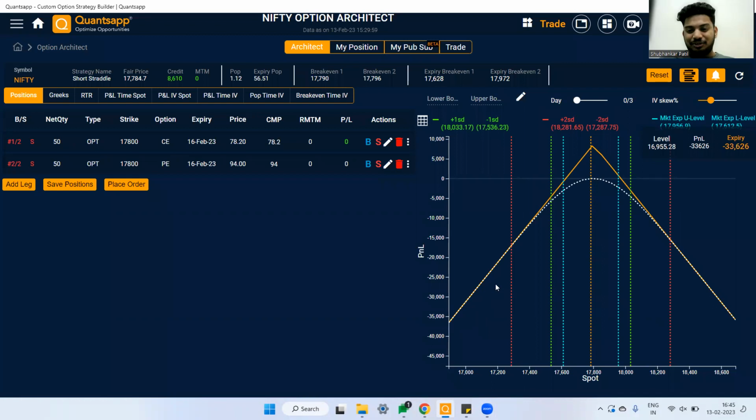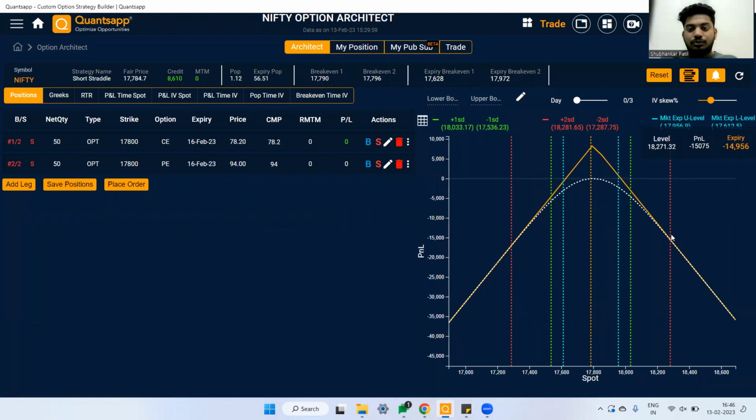Let's say the market goes to, for instance, 17,500, which is achievable. The market is right now at 17,780. If the market goes to 17,430, you will book a loss of 9,600, and the same thing is on the upside as well. There might be a scenario where the market goes to 17,500 or 400 and then bounces back to 18,200.